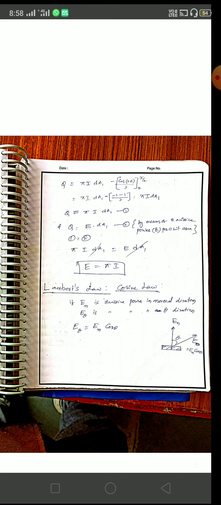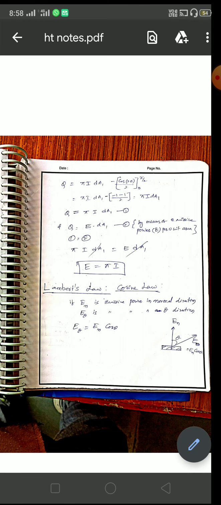And we have Lambert's law, or the cosine law: E theta is equal to En cos theta. It's very simple, just like resolving a vector. E theta in the direction theta away from the normal is En cos theta. These two are important relations for our further derivations.